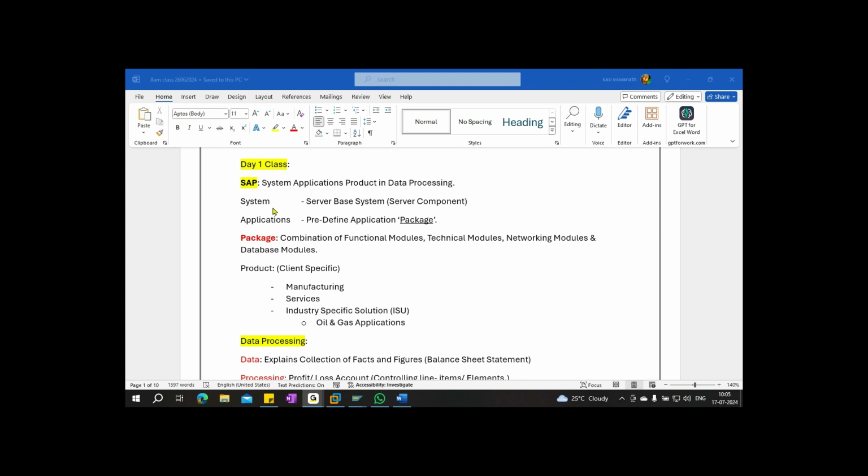Applications explains predefined application package.